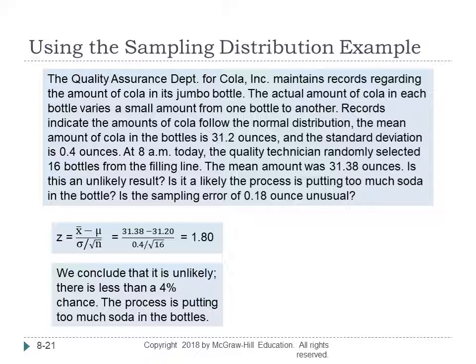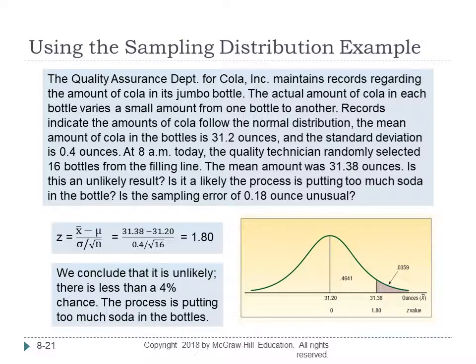The area between 0 and 1.8, the area to the left of 1.8, will be 4%, but the probability that we get a sample mean equal to 31.38 is unlikely because it's less than 4%. But then there is something wrong. The process is putting too much soda in the bottles.